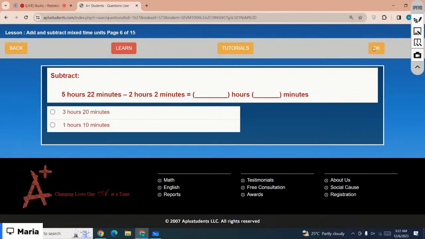That is 5 hours minus 2 hours is 3 hours, and 22 minus 2 is 20. So 3 hours and 20 minutes. The correct option is 3 hours and 20 minutes. Option number 1 is the correct option.